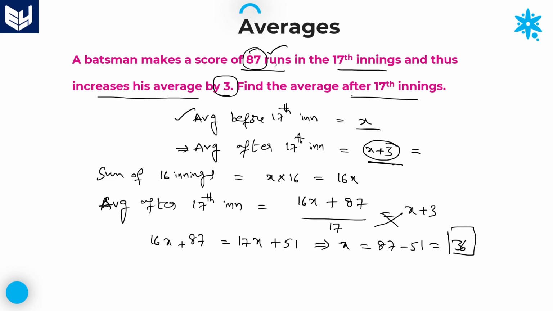Here the question is asking about the average after 17th innings, which is nothing but x plus 3. We got x is equal to 36. Therefore, the required answer is 36 plus 3, which is equal to 39. After 17th innings, the average is 39. That is the required answer for this question.